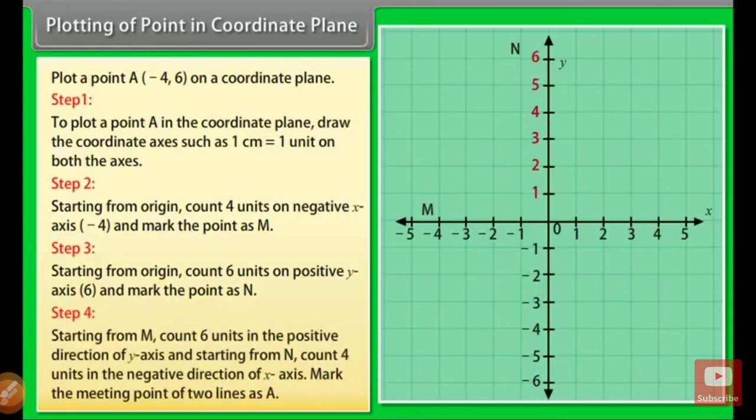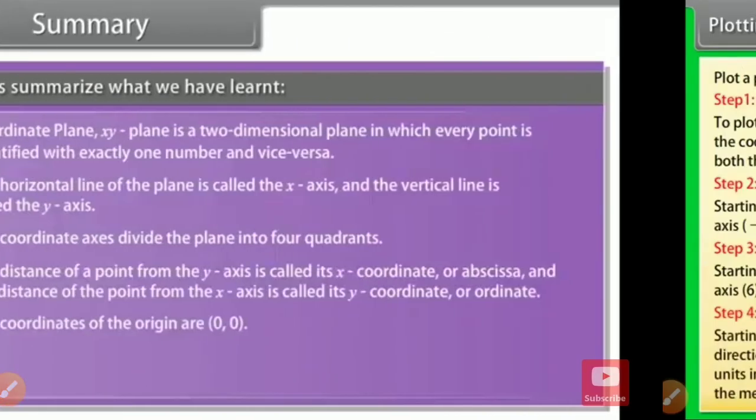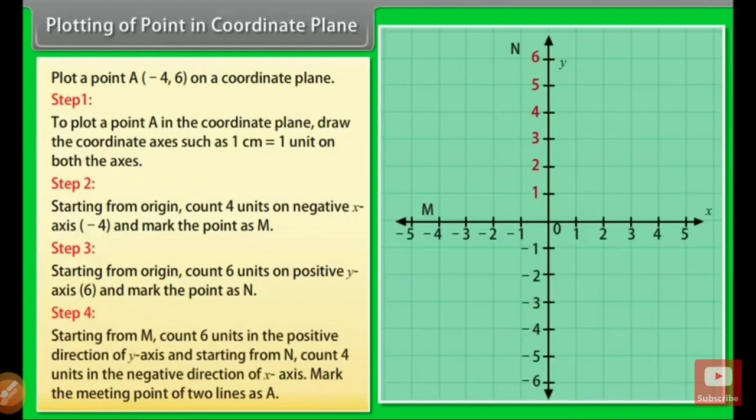Next one is here: starting from M, count 6 units in the positive direction of the y-axis, and starting from N, count 4 units in the negative direction of the x-axis. Mark the meeting point of the two lines as A. So that is what you will draw here.